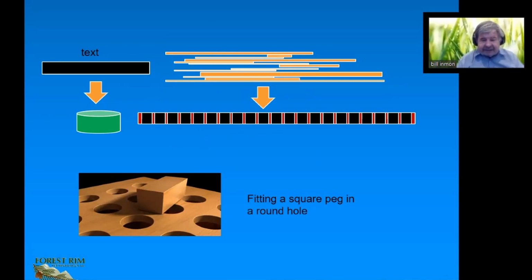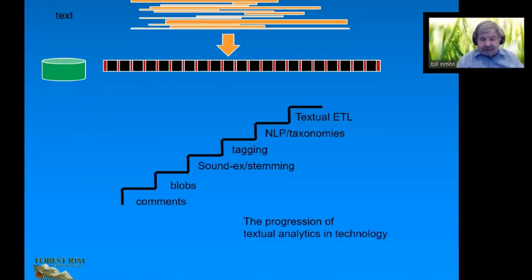But putting text into a database is like trying to put a square peg into a round hole. For a variety of reasons, it just doesn't work out very well. So let's now take a look at how our industry has tried to use text in databases before. At first, we started with something called comments fields.